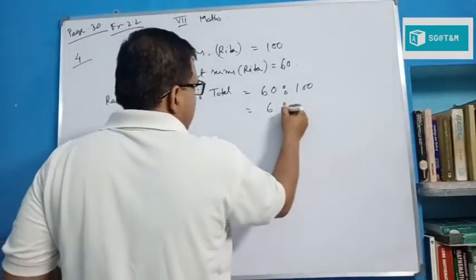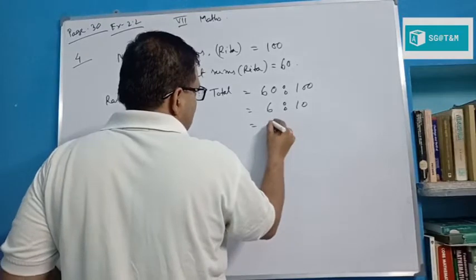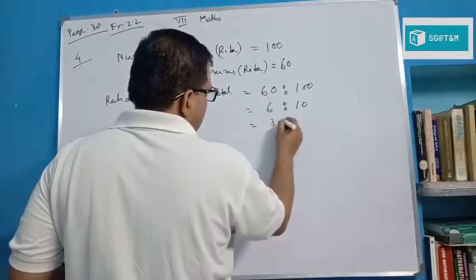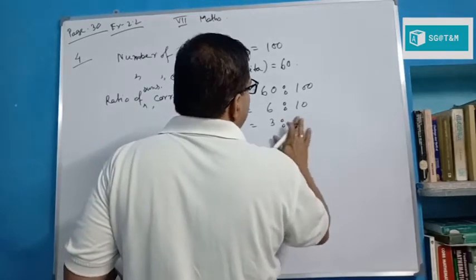Dividing by 10, 6 is to 10, then dividing by 2 also, it can be written as 3 is to 5.